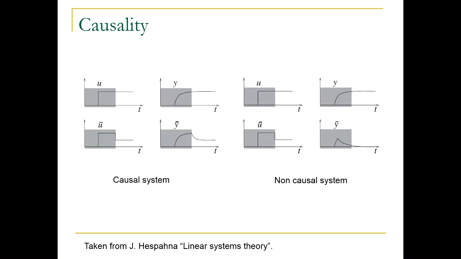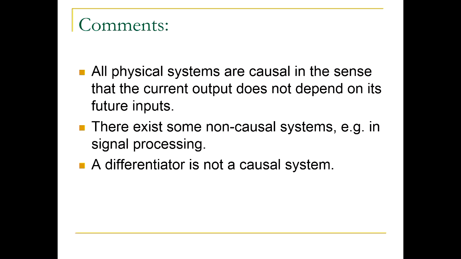You can generate something that looks close to it, but not exactly. So, look, a differentiator is not a causal system. We will talk about PID control, but whenever we talk about implementation of the D element, the differentiator, we would have to make it causal.